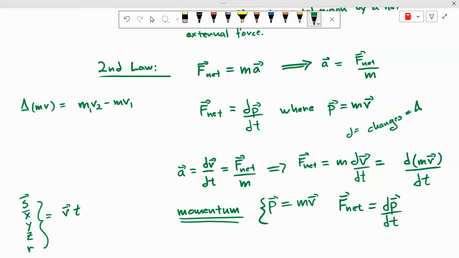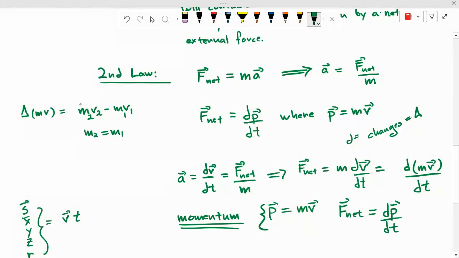So if you said m2, m1, but m2 equals m1, we have that this expression is just mv2 minus mv1, which is then equal to m delta v. So that is how I moved. I went in the opposite direction. I went from this to this.